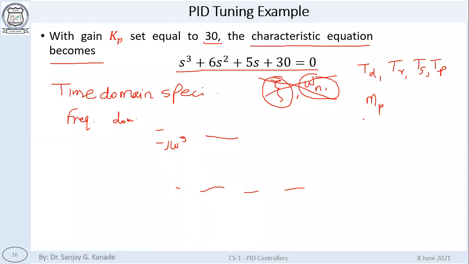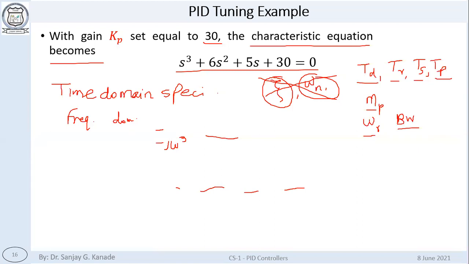Do you remember these names? Omega R, BW. You remember these names, right? TD is delay time, then rise time, settling time, peak time, maximum overshoot, resonant frequency, bandwidth.